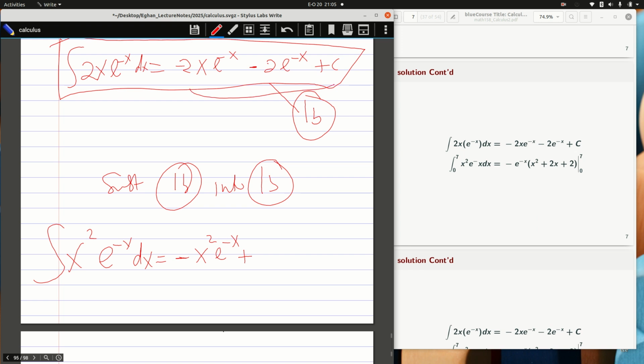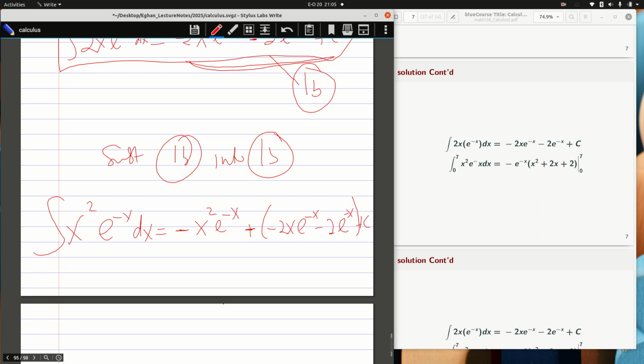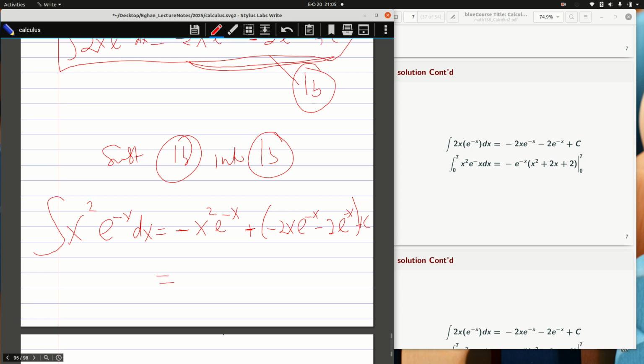So instead of plus, I have negative out, plus negative 2x e to the negative x, plus c. From here you can simplify further. That means you expand and then group like terms, and that's it. If I factorize negative e to the negative x out, I'm going to have this: minus x squared minus 2x minus 2, plus c.